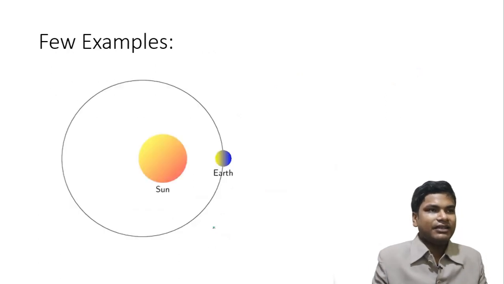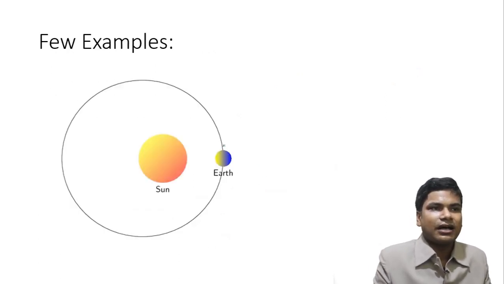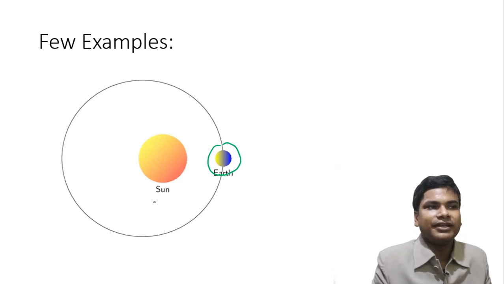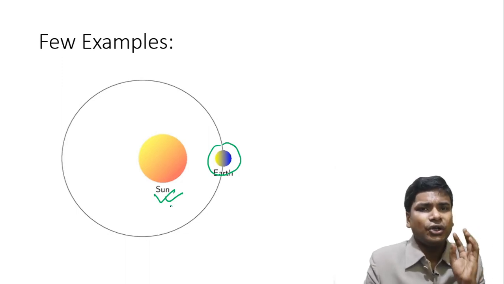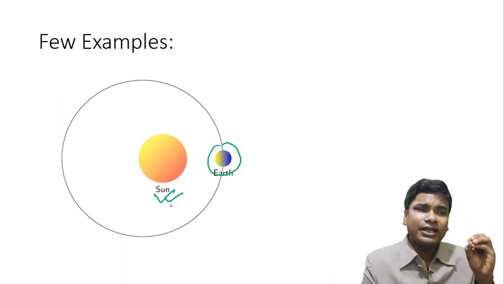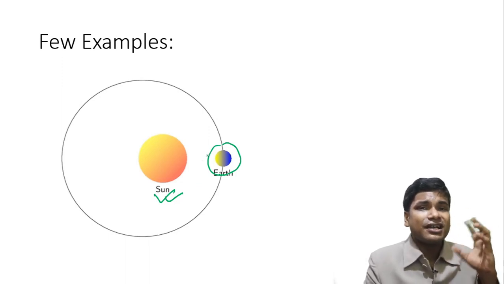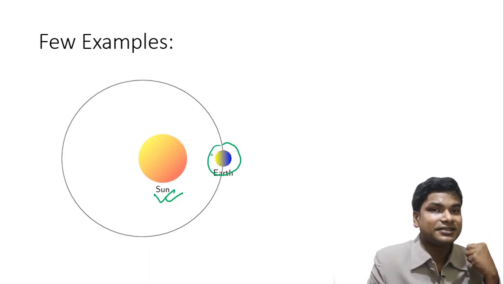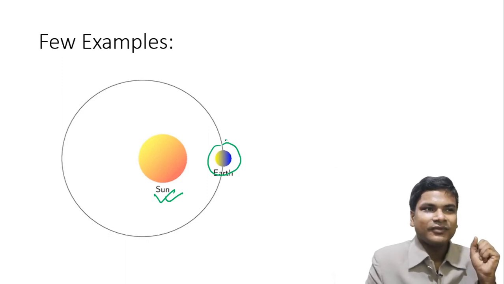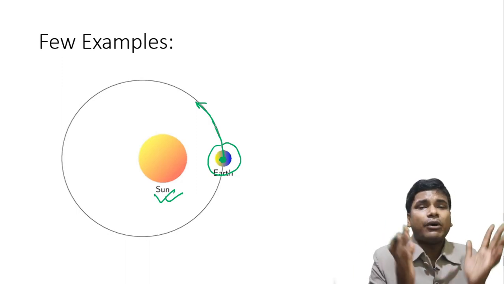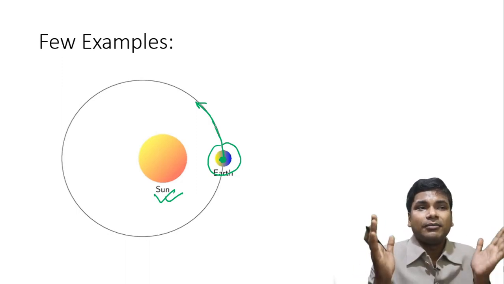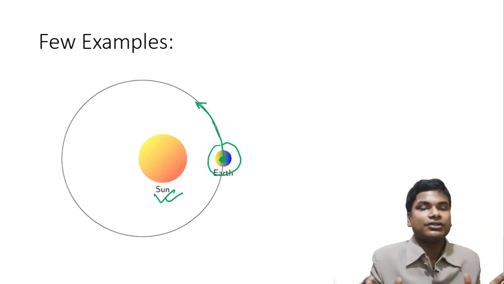Now let me give you an example. This is our earth and our earth is revolving around the sun. In this entire phenomenon, don't you think whenever we try to understand these things, we always consider our earth to be a point mass? The answer is yes. Why? Because we take this earth to be like this, and earth is moving in a circular path. It doesn't matter what the dimension of our earth is, we always take our earth to be a point mass.